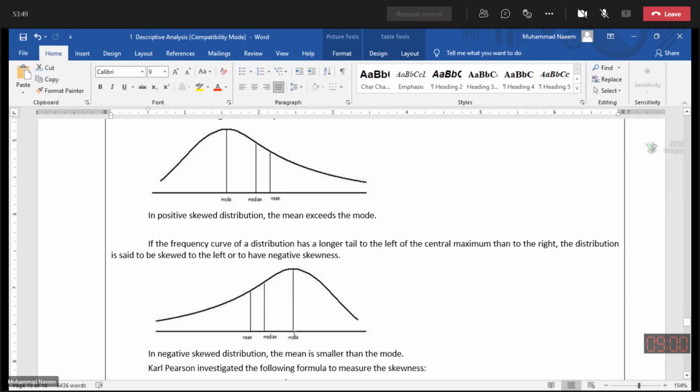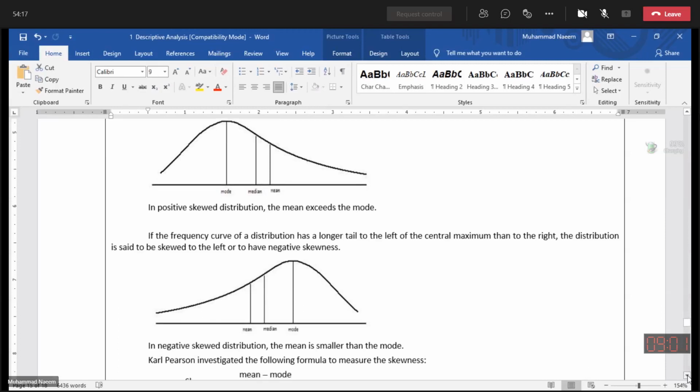So in this case, mean is less than median, or mean is less than mode, or median is less than mode. We say that the distribution is negatively skewed. So this is one way to calculate the skewness using mean, mode, median.